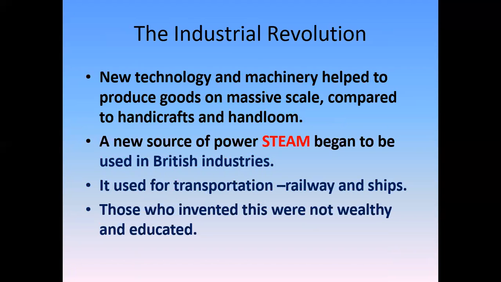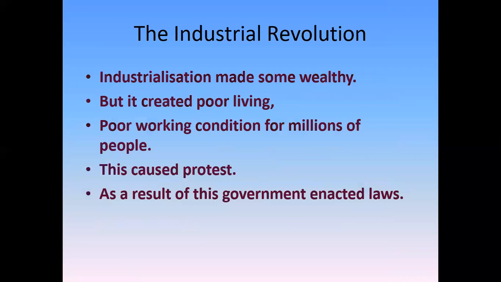New technology and machinery helped to produce goods on a massive scale compared to the handicrafts and handloom. A new source of power, steam, began to be used in British industries. Steam was used for transportation, railways, and ships. And another interesting fact was the ones who invented this were neither wealthy nor educated.